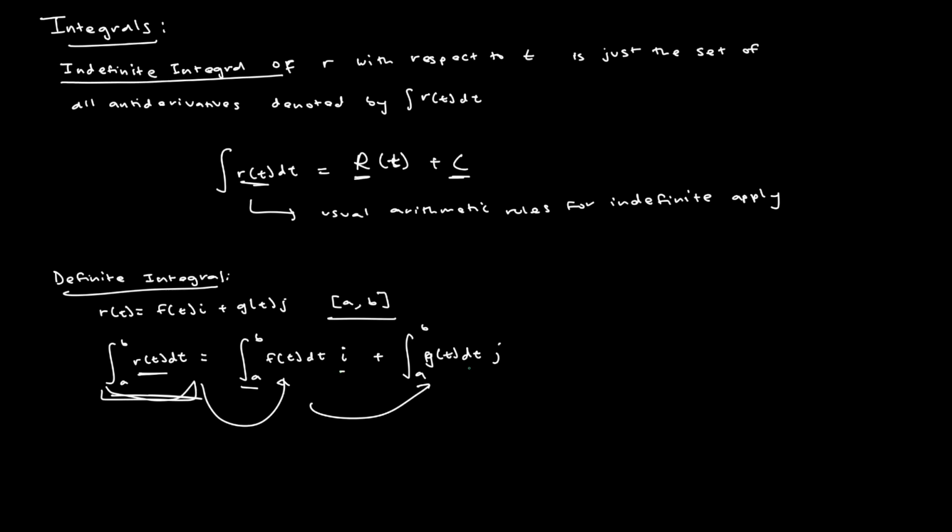So let's do some practice with integrals and vectors. Let's evaluate this indefinite integral first of cosine t times i minus 2t times j dt. And we know that we just have to evaluate the integral component-wise, so this is just the integral of cosine t dt times i minus the integral of 2t dt times j.